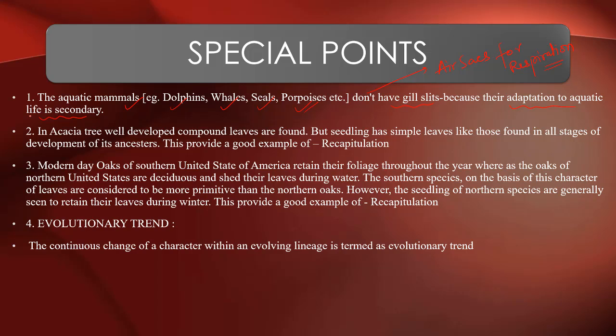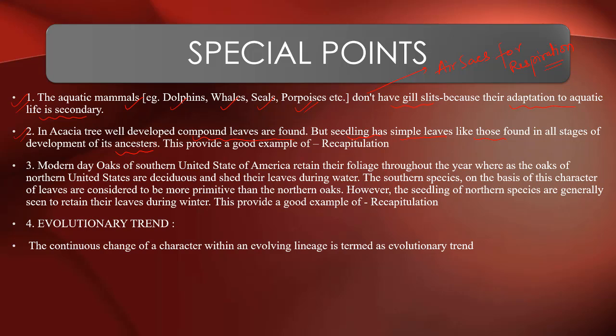Okay. In the Acacia tree, well-developed compound leaves are found, but the seedling has simple leaves like those found in all stages of development of its ancestors. The moment the seed germinates, the very first aerial part which emerges is basically a simple leaf.